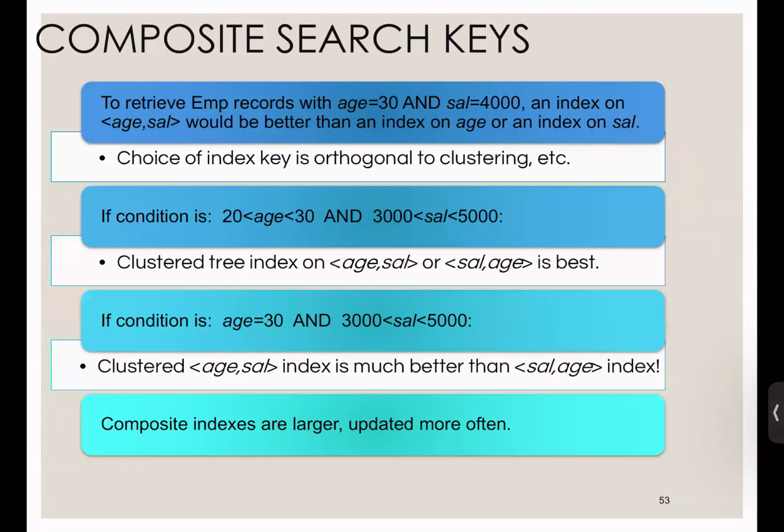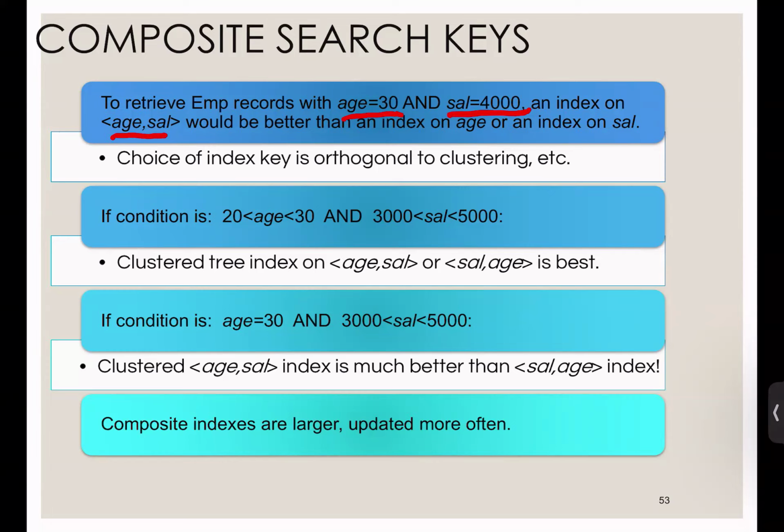Okay. This is also very similar to the previous one. We index on age and salary. If we want age equals 30, salary equals 4,000, so equality would be good. So age salary or salary age would also be good enough.